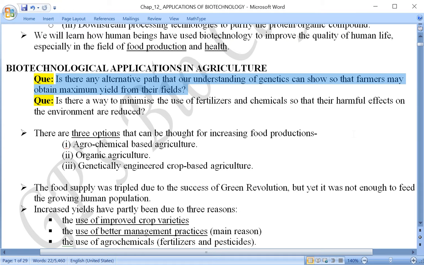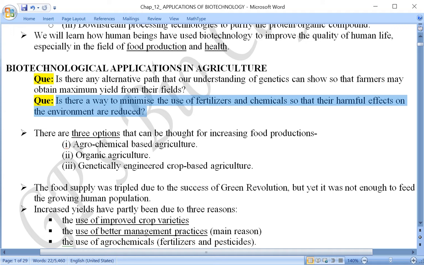मतलब कोई और दूसरा रास्ता है, is there an alternative path where our farmers can get maximum yield from their field. And the second one: is there a way to minimize the use of fertilizers and chemicals so that their harmful effects on the environment are reduced?